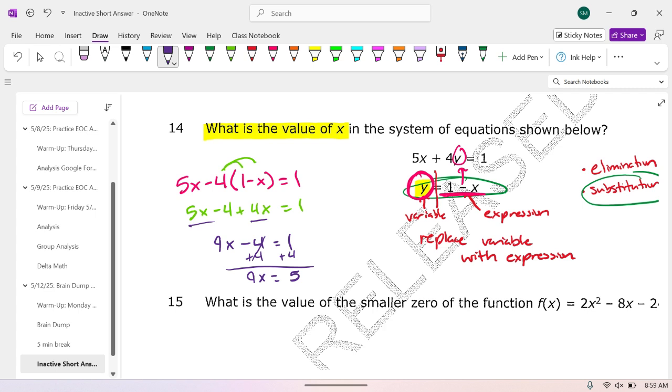Oh, whoops. I screwed up. Hold on. So this should be positive. This should be negative. Sorry, guys. So you subtract the 4 from both sides. I transferred the problem wrong. So x is equal to negative 3. And we wanted the x value, so we're done.